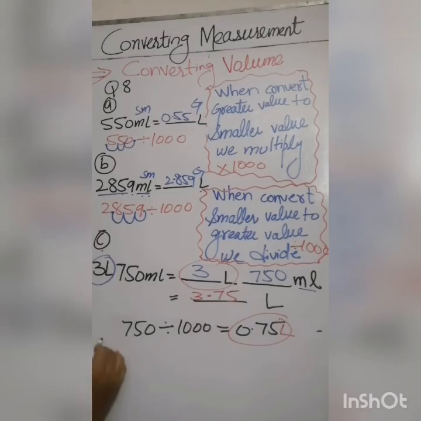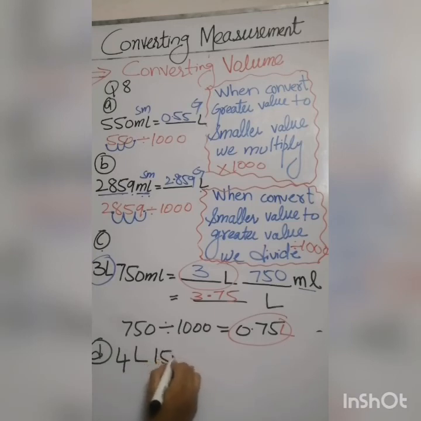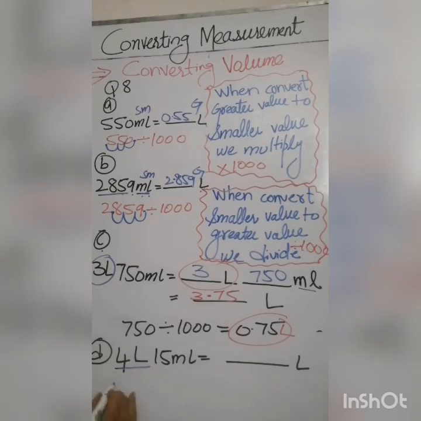I explain this by another example. We convert 4 liters and 15 ml into whole liters. We know that there are 4 liters. We just write it again, that's all. Now we convert this 15 milliliters into liters.